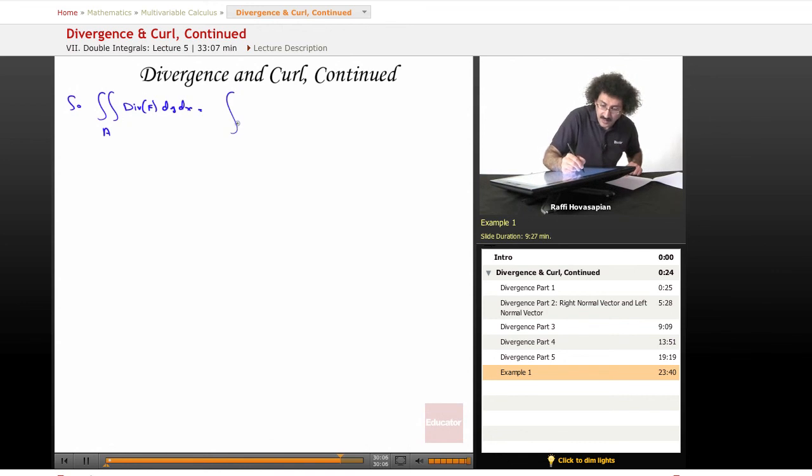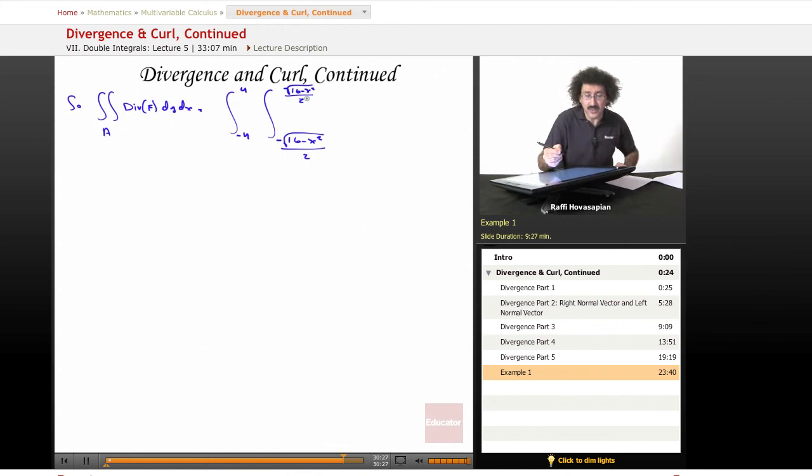Now our x is going from minus 4 to plus 4. Our y is moving from minus the square root of 16 minus x squared, divided by 2, the lower limit, all the way up to the square root of 16 minus x squared over 2, the positive, the upper limit.